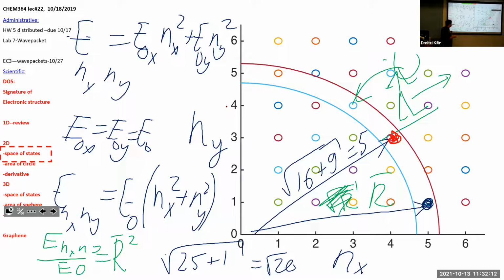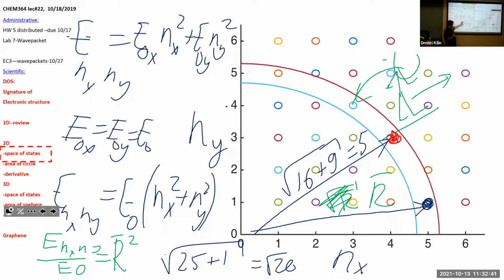So the energy is the energy of the minimal state, and Lola suggested last time to change it from 0 to 1. It will be more correct to put here E11, the energy of this state. I just have no time to change it. But minimal energy multiplied by this nx plus ny. Would it satisfy you?